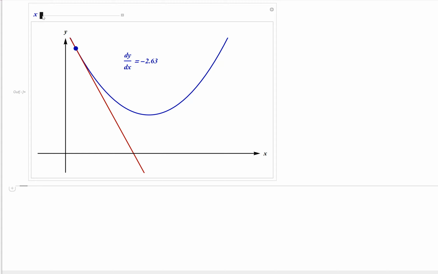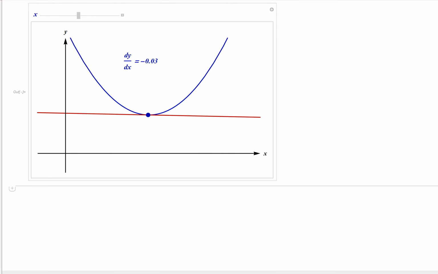And what we want to do is look at what happens as I increase my x. So I'm going to move this slider up here. As we move x in the left to right direction, what happens with the slopes? Well, we can see they're still negative over here, right? But as we move along, the slopes are getting less and less negative.